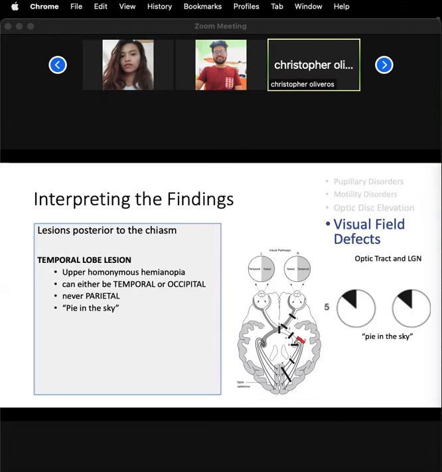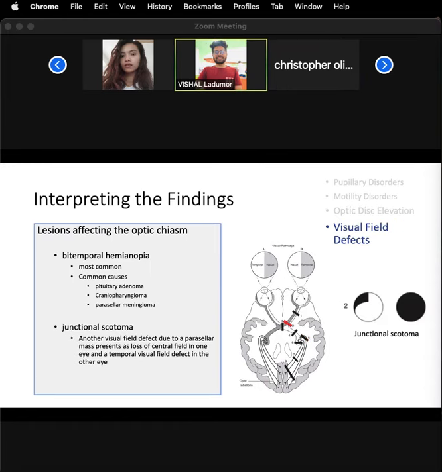No idea. Let's see. DML of the optic nerve. Okay. At what level yung lesion? Is it exactly on the optic nerve? Optic chiasm. Ito, kung saan nagde-decussate yung fibers.